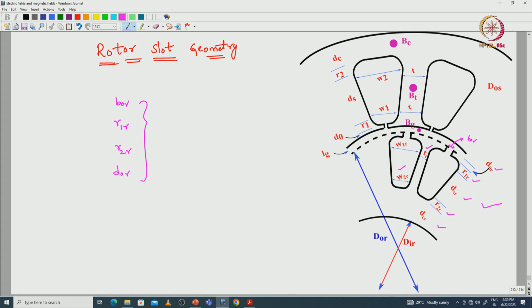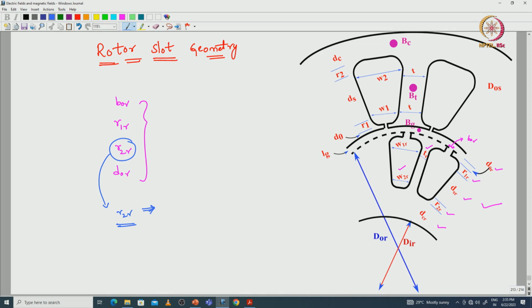These are the four parameters we have to assume as a designer choice. And the approximate equation for R2R we can find, if we do not want to assume R2R, the radius of the slot at the bottom side of the rotor slot.